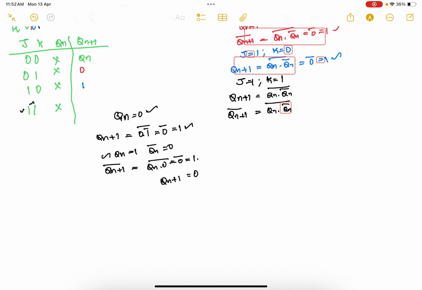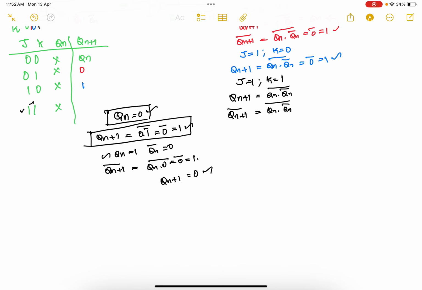So definitely this should be 0. So what is the next state you are getting here? 0. Okay, so if present state is 0, my next state is what? Next state is becoming 1. Okay, but if your present state is now becoming 1, what is happening to your next state? Next state is becoming 0. So what is occurring? It is becoming complemented.